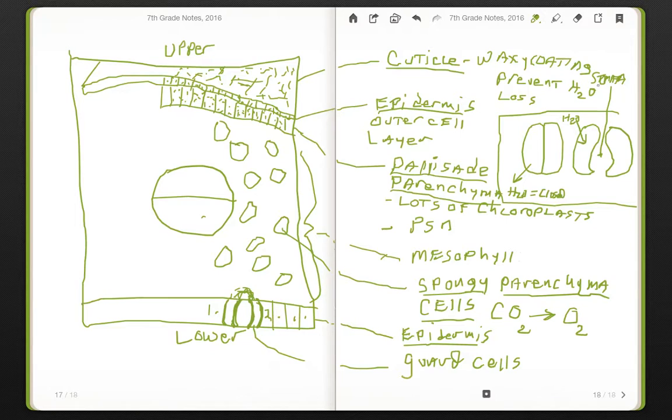We've talked about that before. Stomata. S-T-O-M-A-T-A. And when the stomata are open, CO2 goes in, and oxygen goes out. And that usually happens during the day. So they're open in the day when they're doing photosynthesis, and they're closed at night.